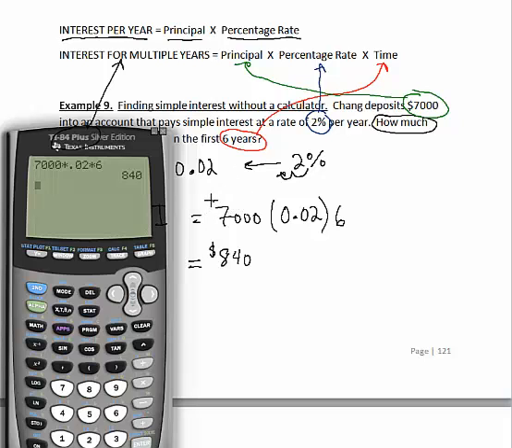We get dollars because the percentage, or the 0.02, has units of percent per year, and then the 6 has units of years.